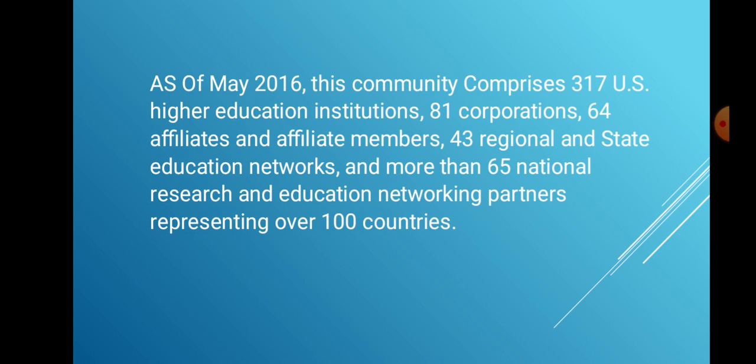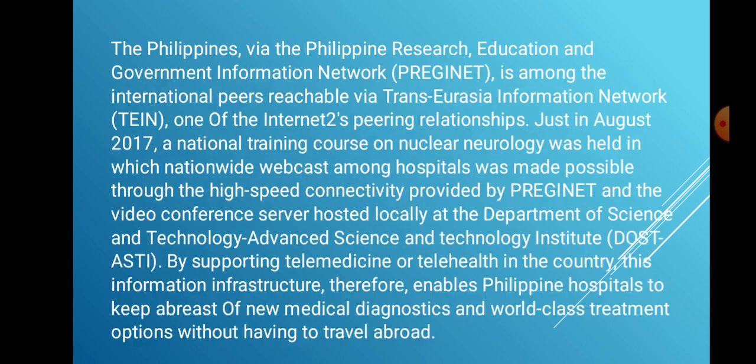As of May 2016, this community comprises 317 U.S. higher education institutions, 81 corporations, 64 affiliates and affiliate members, 43 regional and state education networks, and more than 65 national research and education networking partners representing over 100 countries.